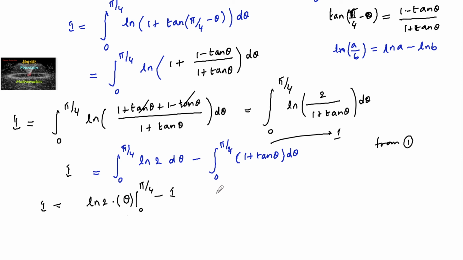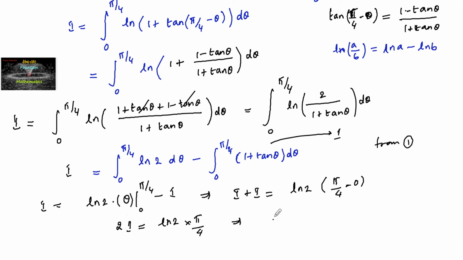And again this is minus I. So this can also be written I + I is equal to log 2 into, applying the limits here, π/4 minus 0. So which implies here 2I is equal to log 2 into π/4 minus 0, that is π/4.